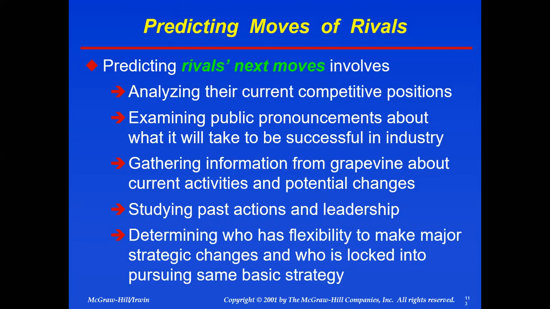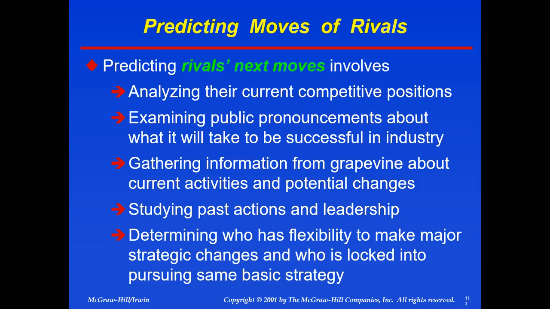Now, moving towards predicting moves of rivals. Remember that predicting rivals' next moves involves, number 1, analyzing their current competitive positions and examining public pronouncements about what it will take to be successful in the industry. It can also be through the grapevine, gathering information about current activities and potential changes.